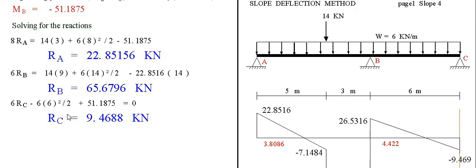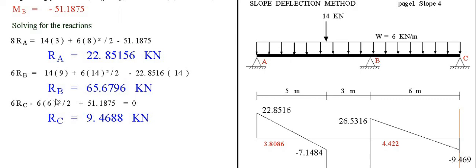Then solving for RC is 9.4688. I will check this with the calculator. So 6 times 6 square divided by 2.